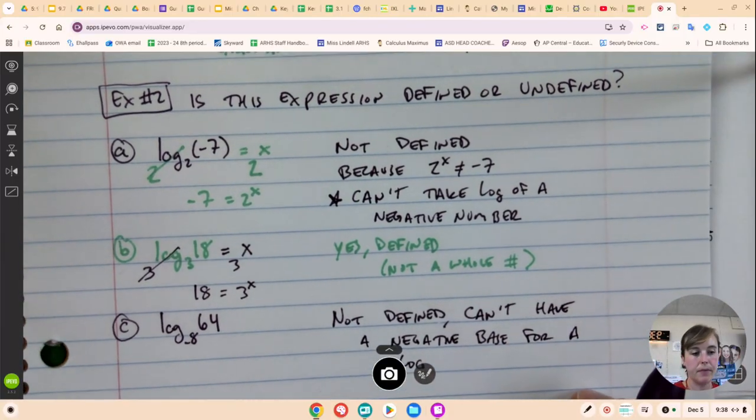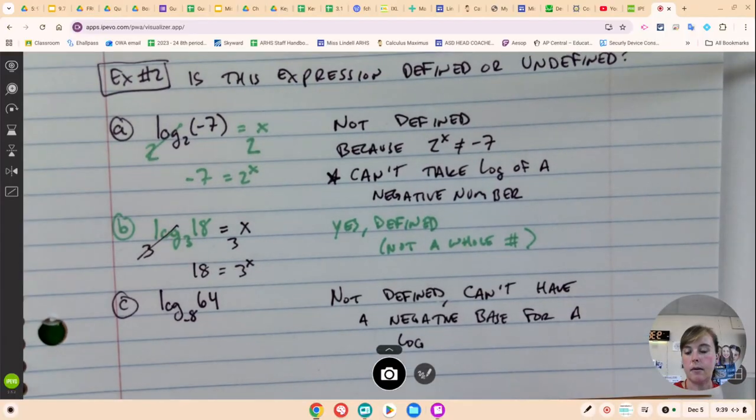All right, so there we have it. The things to look for that might make things undefined would be negative bases and then logs of negative numbers. Otherwise, it should be defined.